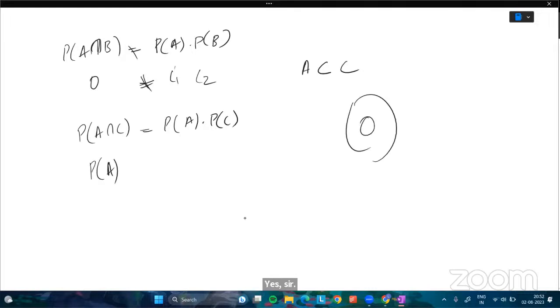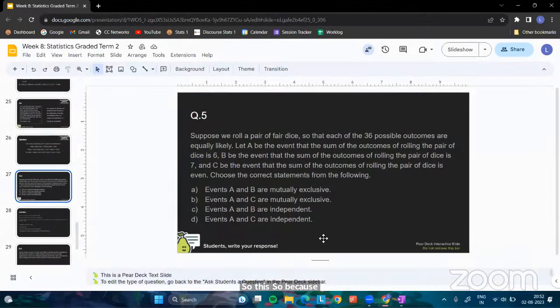Because if this is C and this is A, then the intersection is A itself. Now, can this be true? P of A equal to P of A into P of C. This will only be true when P of C is equal to 1. And we know that's not true. So because it's not true, A and C are also not independent.